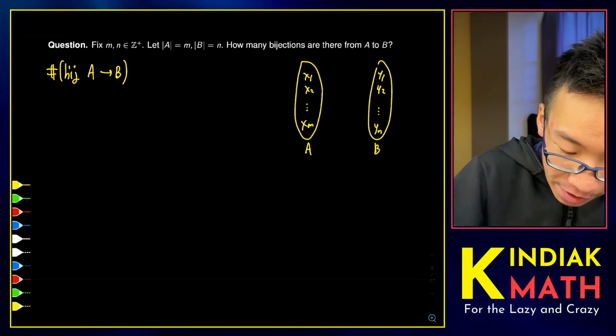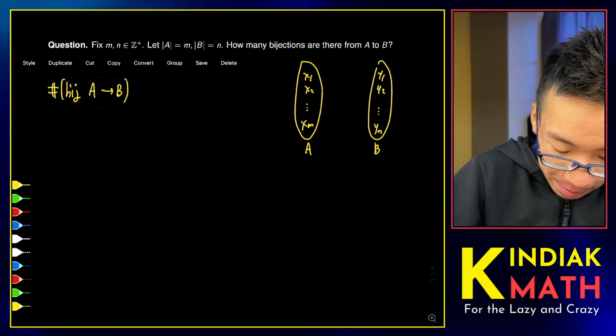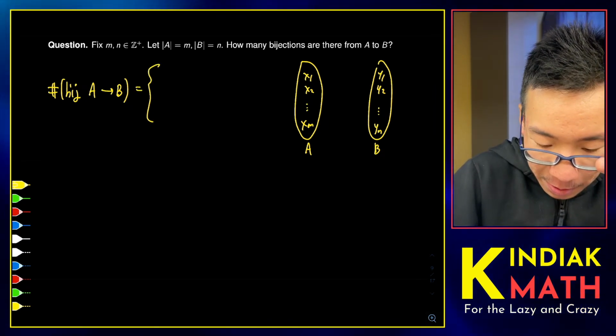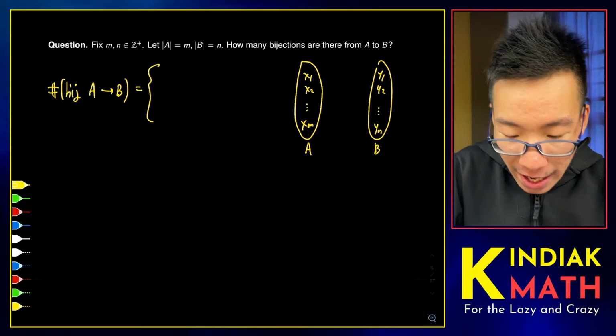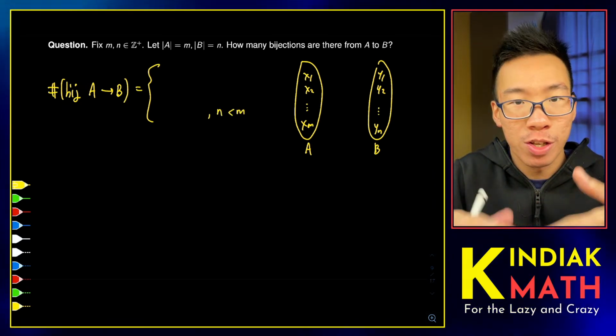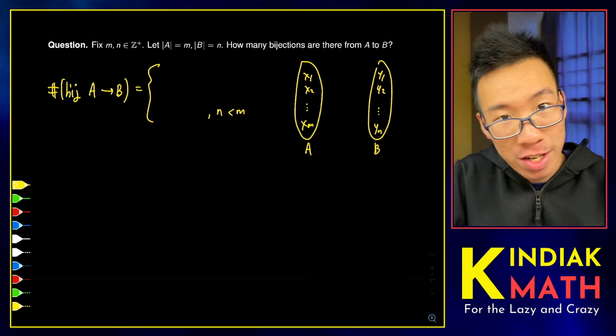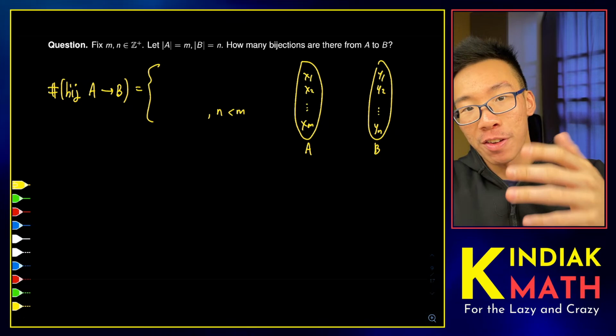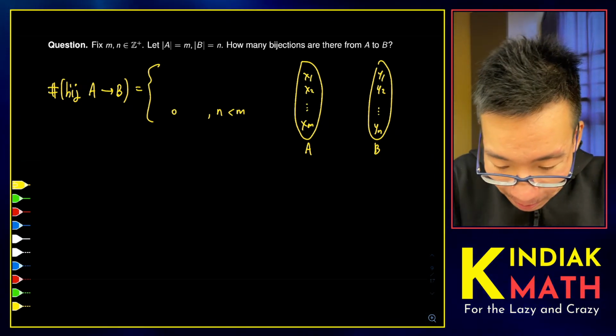So there are a few situations that we need to concern ourselves with. If n is smaller than m, then we know there will be no injections. If there are no injections, you certainly can't have any bijections, because bijections are injective. So you get none.